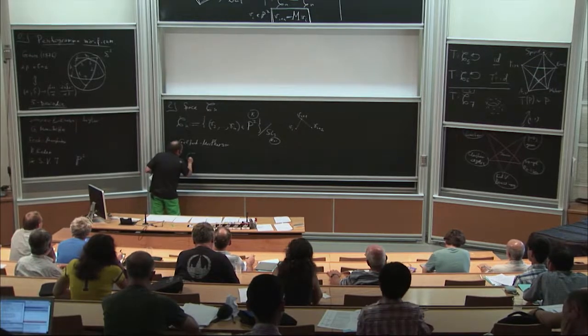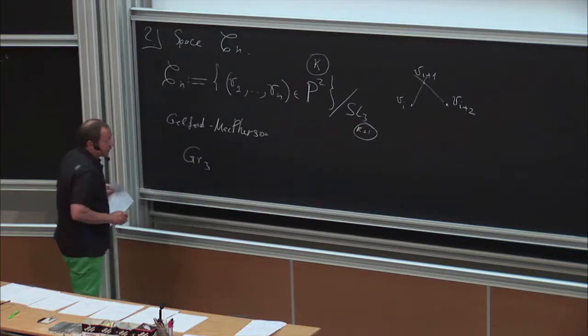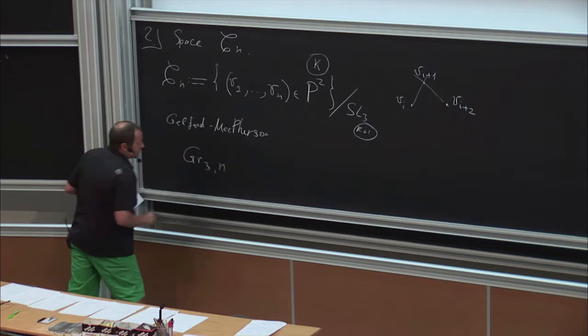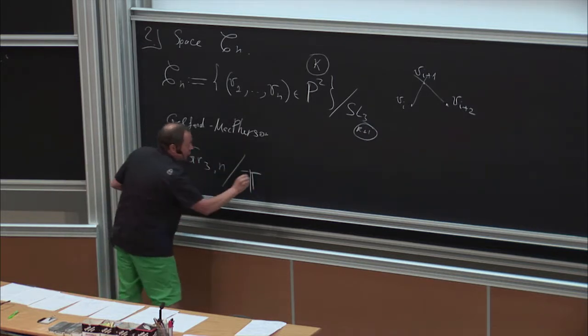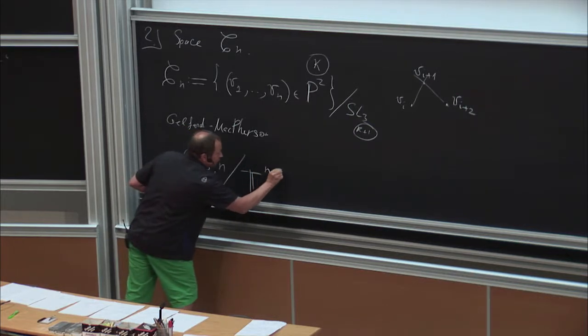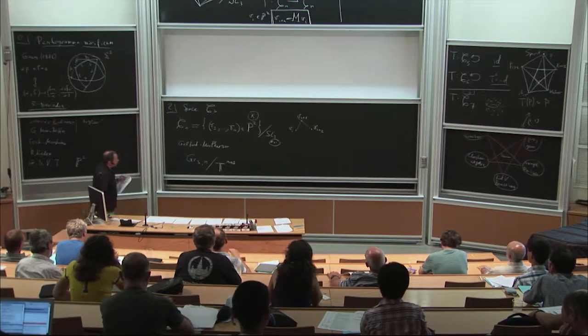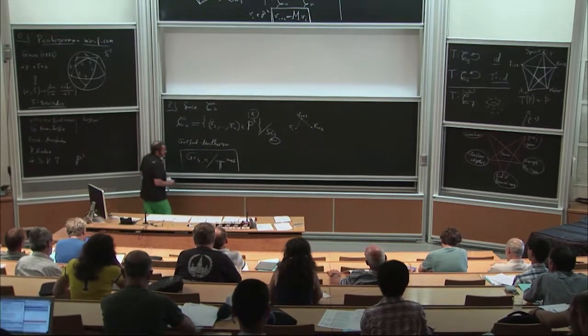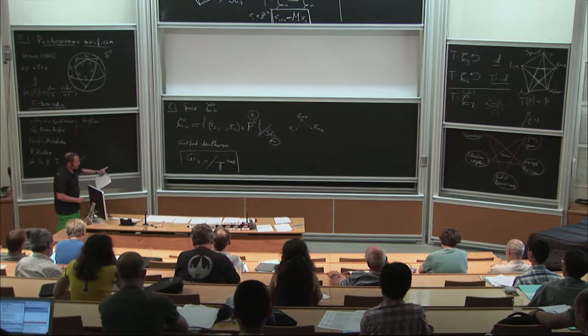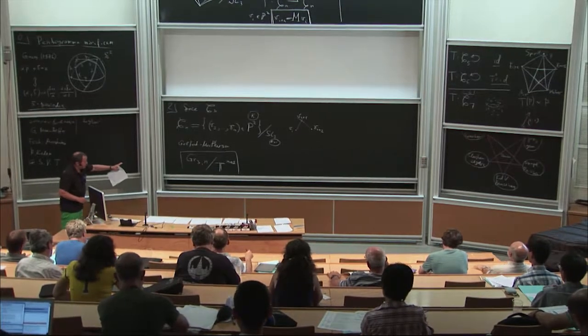Here we have the Grassmannian of three-dimensional spaces in n-space, quotient by the maximal torus, which is n minus 1 here. I'm not going to describe this in detail. This is just to give you an idea.